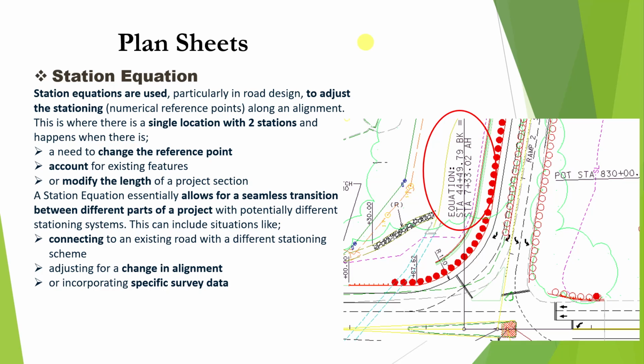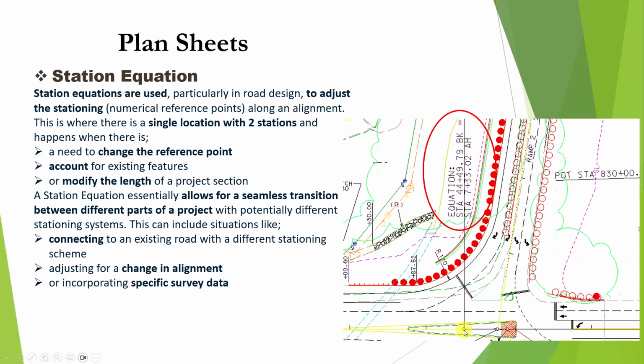So a lot of times, in this case, it's kind of goofy, but you have a back stationing, which at this point down here, at this station that I have highlighted, is 44 plus 49.79 back. So that's back. Ahead, they're going to change that stationing from 44 plus 49 to now represent where they're tying in somewhere else, to 7 plus 33.02.